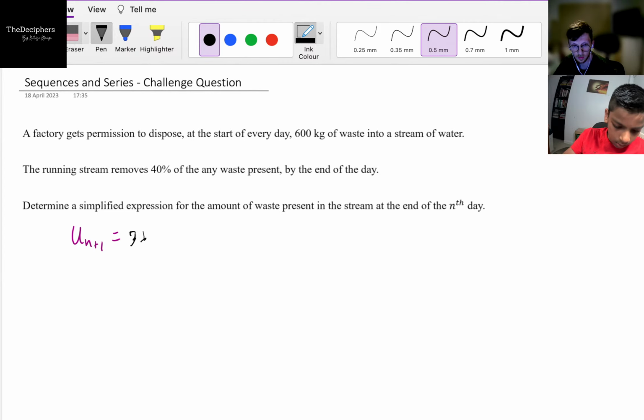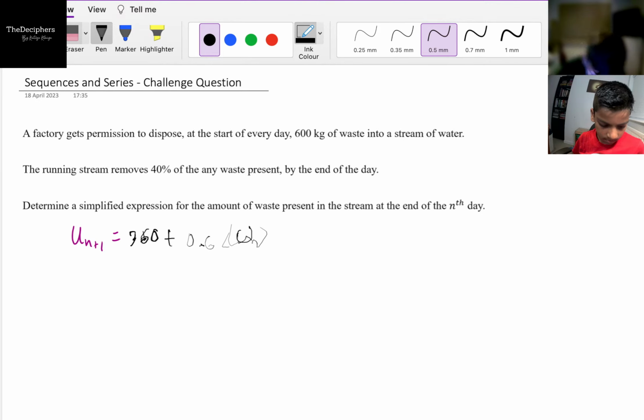So 360 plus then 600 kilograms times 0.6. Wait. Times by u of n. Brilliant. Yeah. Okay. So our recurrence relation is 360 plus.